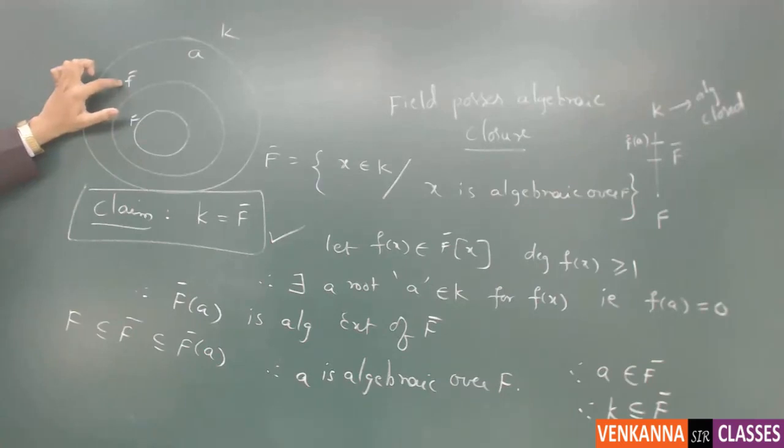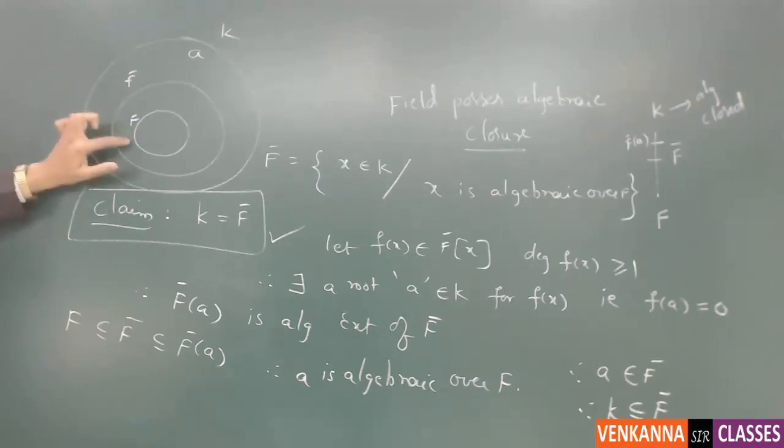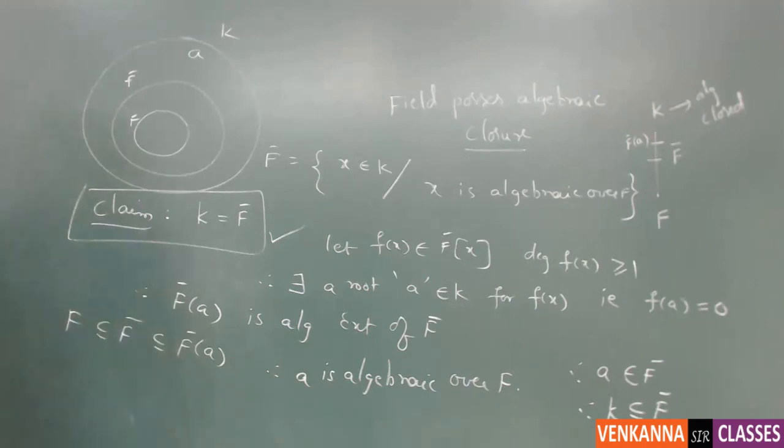Therefore, F bar is the algebraic closure of F. That was the conclusion. You just try to understand that. Then I will take the other concept.